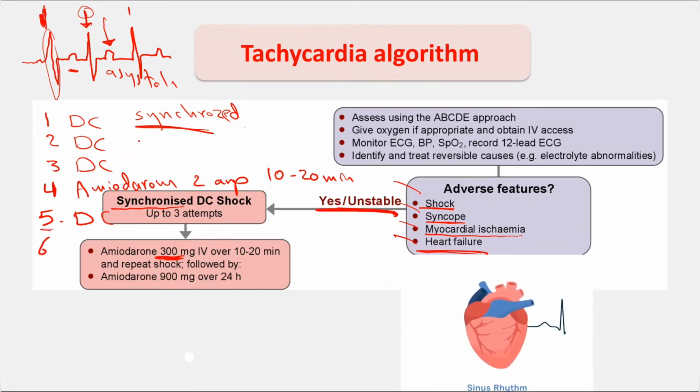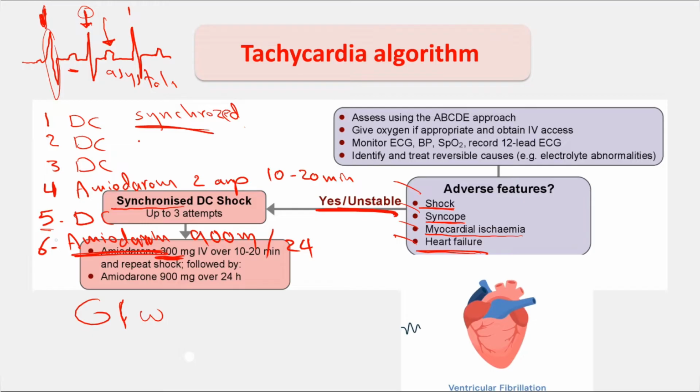If the patient still does not improve, you have to give maintenance amiodarone, which is 900 milligram over 24 hours. I have to notify you that amiodarone is better infused through glucose water. So in the sixth step, you may give amiodarone, but it's also better to call cardiology to help you with further management.